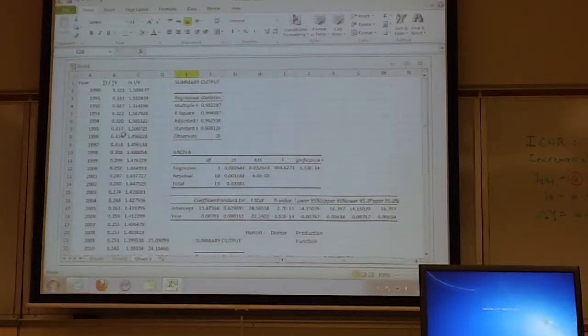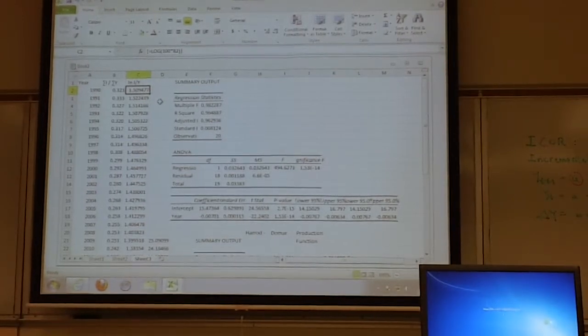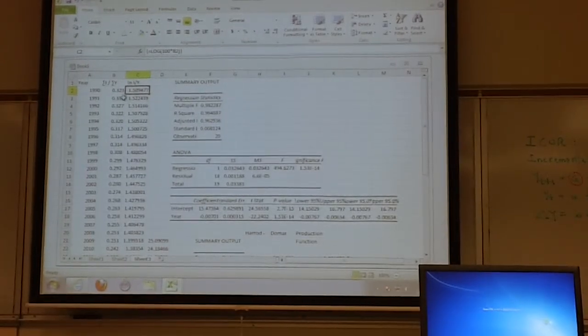So these are the shares that we have, up to here, and these are the years. And then we created a new column, which was the logarithm base 10 of 100 times this number.